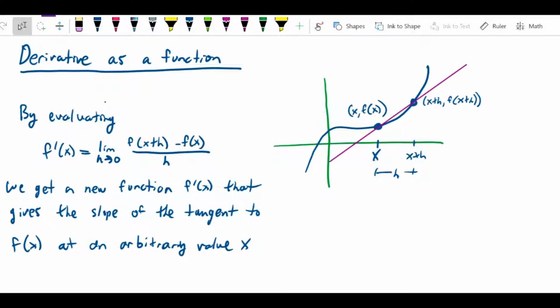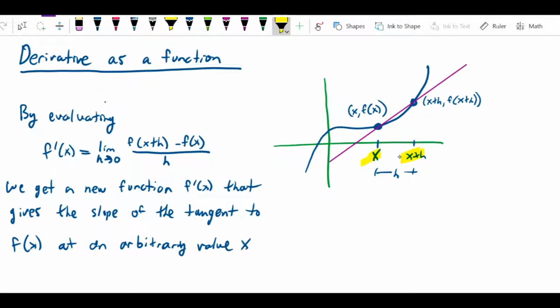So the way we would do that is, let's go back to the original definition of the derivative, the one involving the h. If we imagine that we have some point x here, and then we have a value h that indicates the distance between that and x plus h. So h is just going to be the distance between these two points.